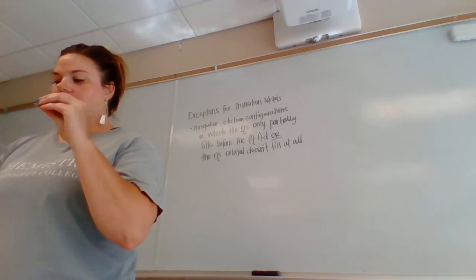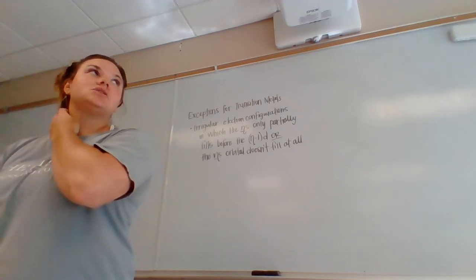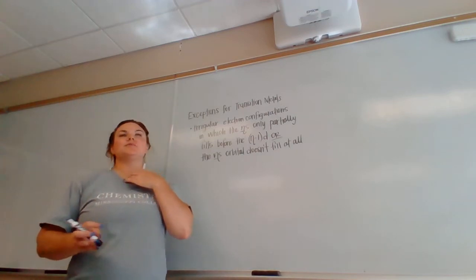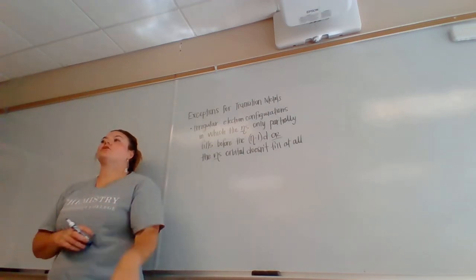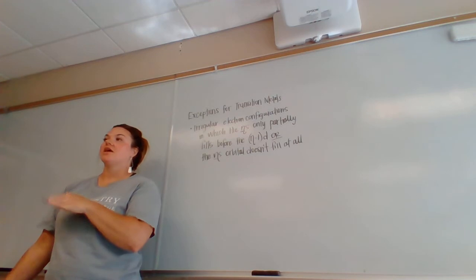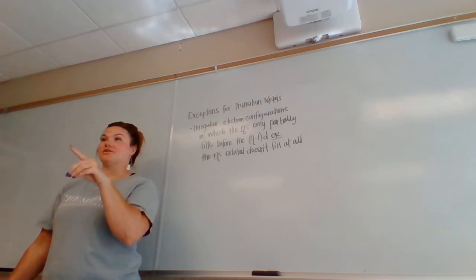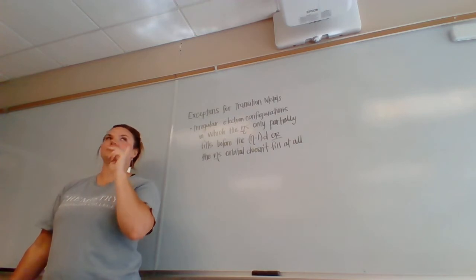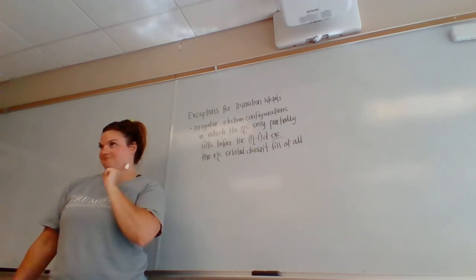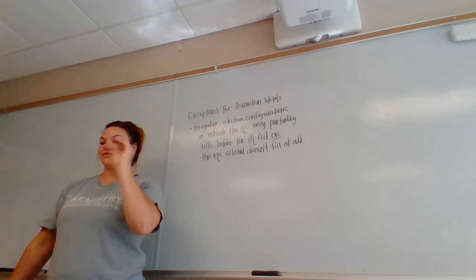I only want you to know 4 of the exceptions. The reason is that if we include the ones that your book gave us, then every time you do an electron configuration with a transition metal, you're going to try to do what I'm about to show you. So only know these 4.